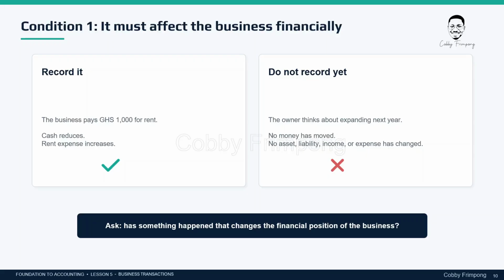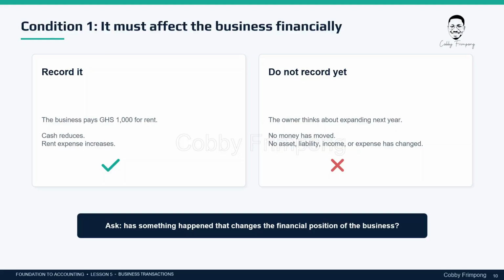Condition 1. It must affect the business financially. The first condition is that the event must have a financial effect on the business. If a business pays 1,000 Ghana cedis for rent, cash reduces and rent expense increases. That affects the business financially.